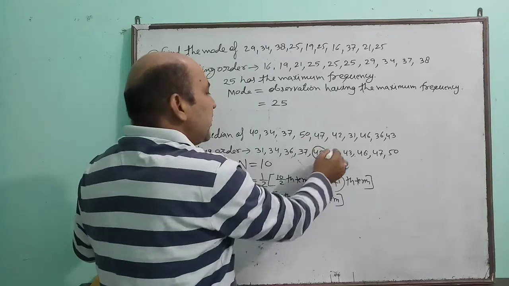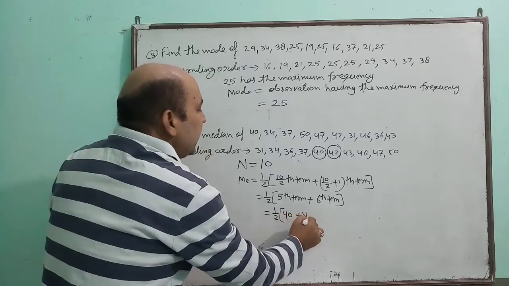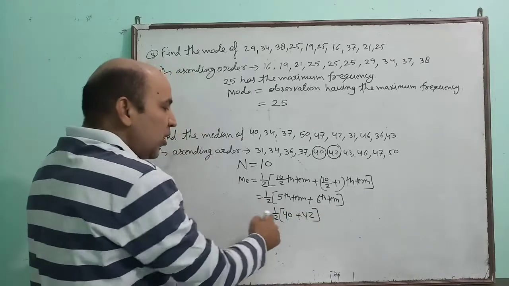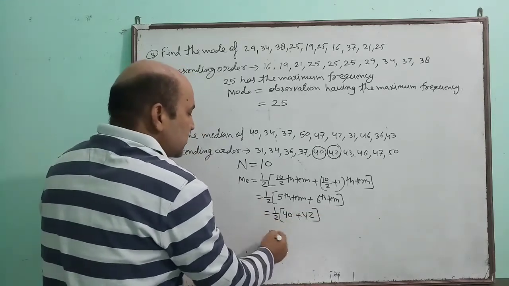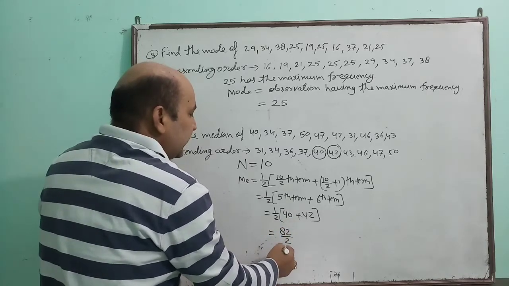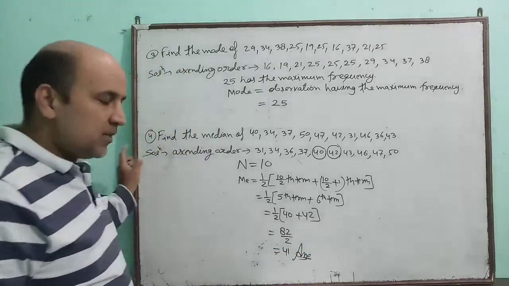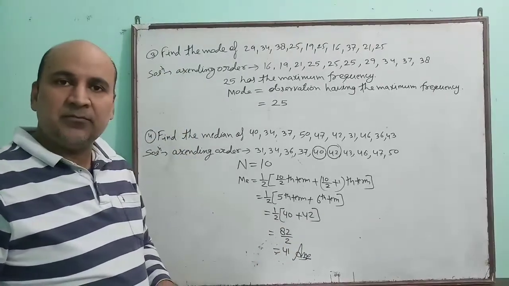This is the 5th term and this one is the 6th term. 40 and 42. Now we will add these two numbers. 40 and 42 is 82. So 82 upon 2 is 41. That means the median is 41.